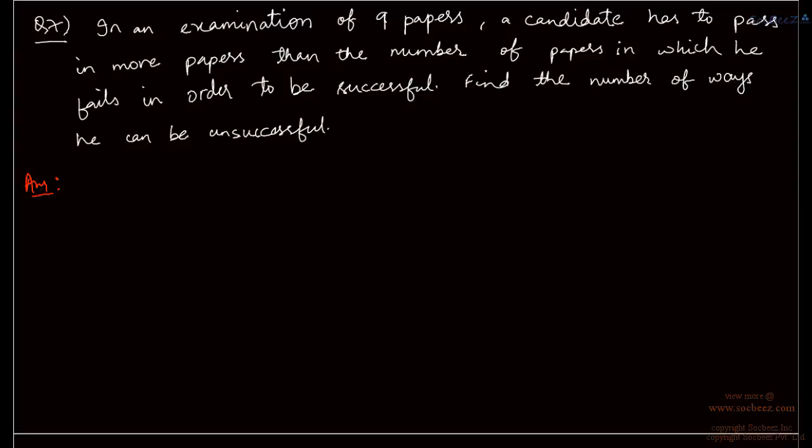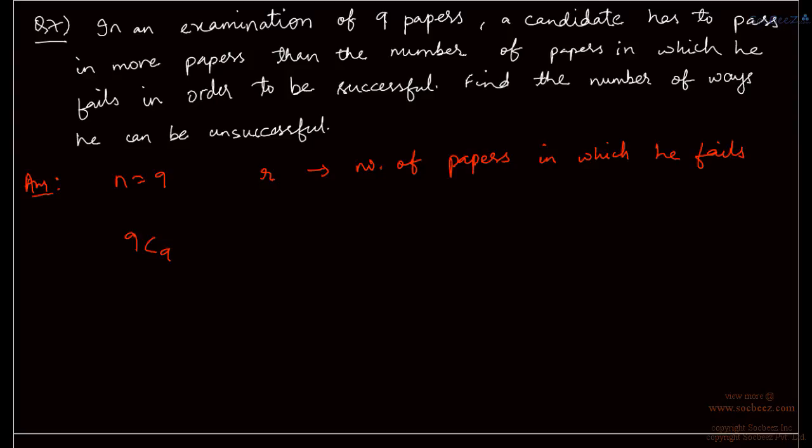Okay. Now, for this question, our n is 9, right? And let our r denote the number of papers in which he fails. So, the first case, let this be 9C9, right?